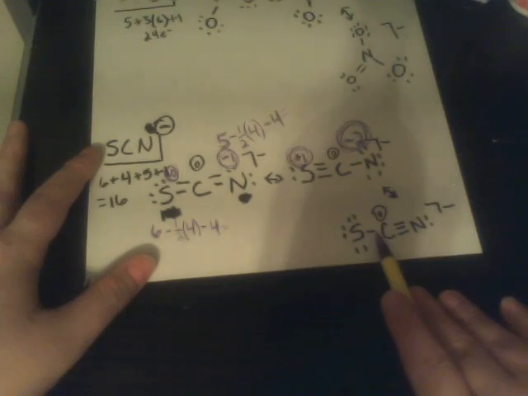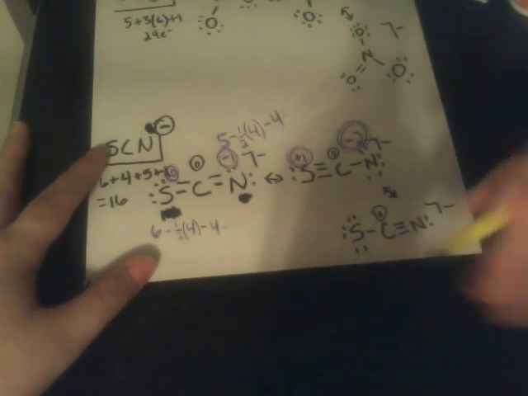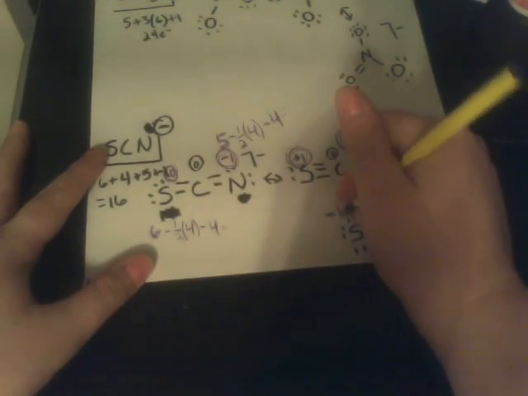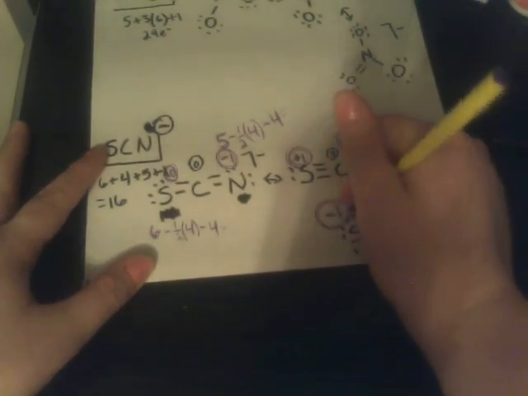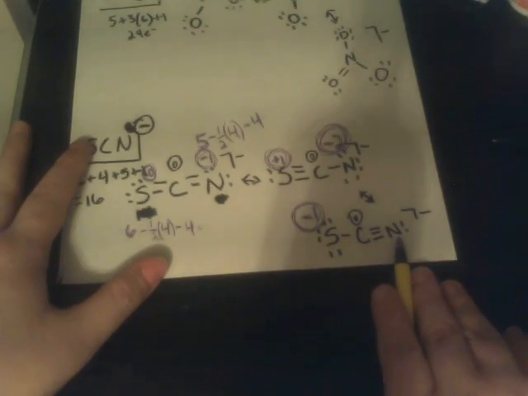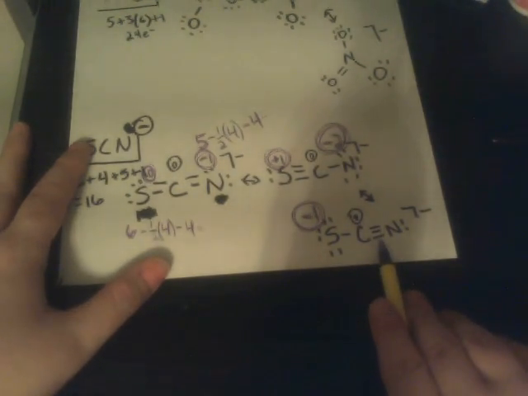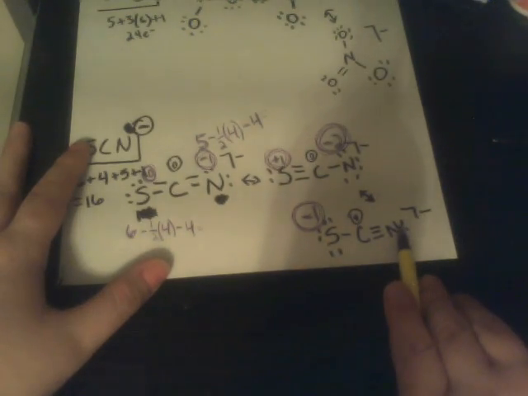We'll keep going. This structure here, sulfur comes with 6, correct? So 6 minus 1/2 of 2, so 6 minus 1 minus 6. So we're going to have a minus 1 on this one. And nitrogen here, right? 5 minus 3 minus 2.